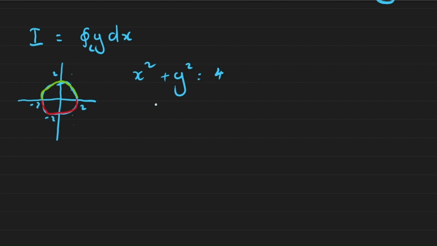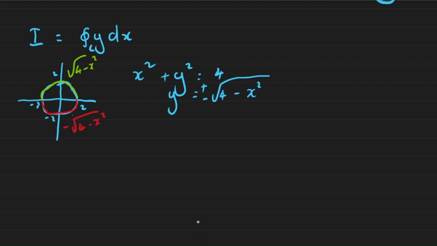So we'll have to solve for the equation of the circle and just express it in terms of y. And when we do that, we have y is equal to plus or minus the square root of 4 minus x squared. So the top half of the circle is the square root of 4 minus x squared, and the bottom half of the circle is minus the square root of 4 minus x squared.